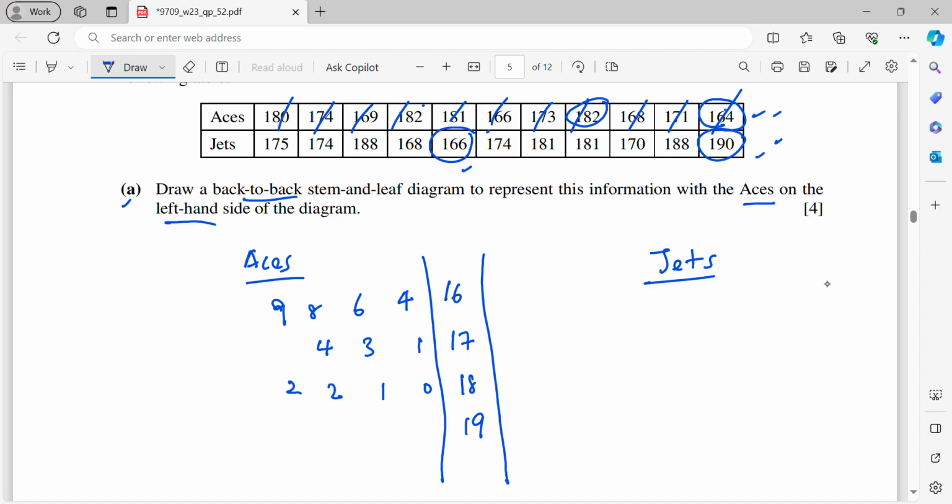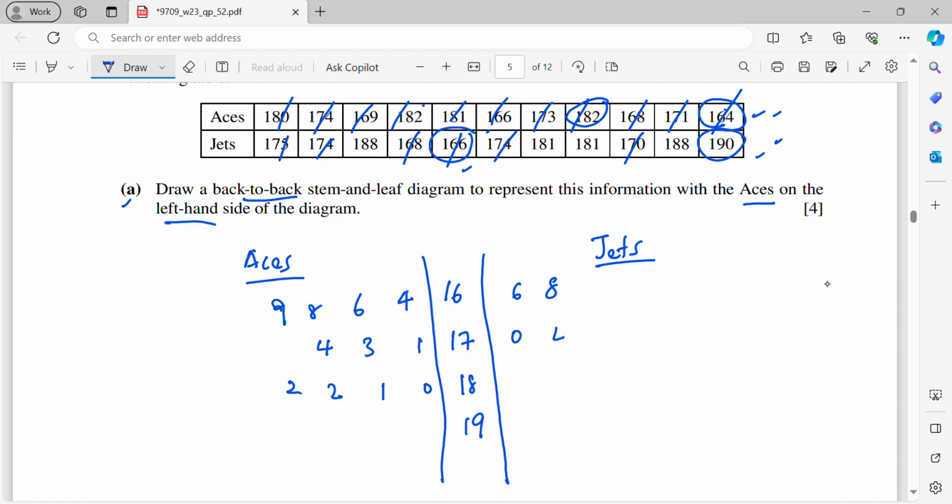Alright, so now for Jets, 166, then after that 168. That's all for 16. So 170, then 174, 174, 175.